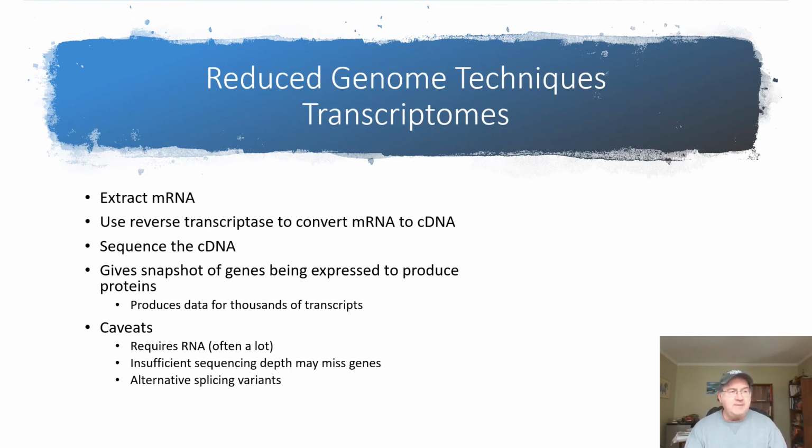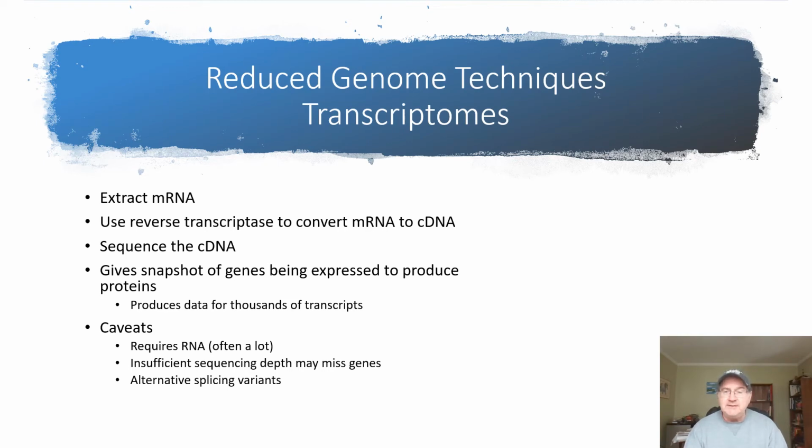So it's not something that is well done, I think is the way to say it, on a single organism. Of course, they do transcriptomes on single cells these days, but that has its drawbacks as well.